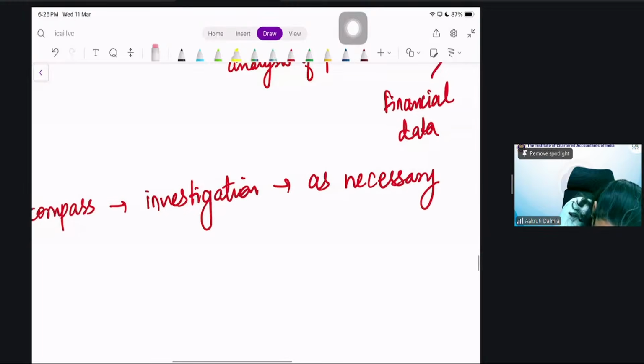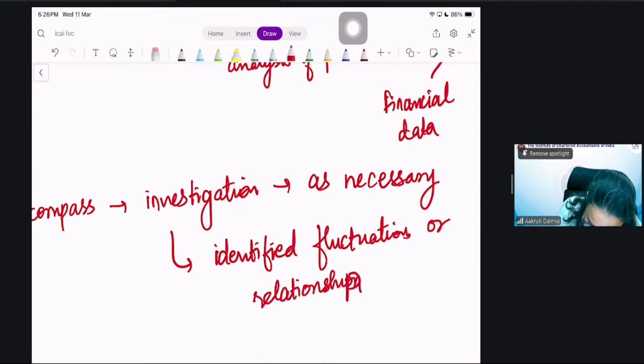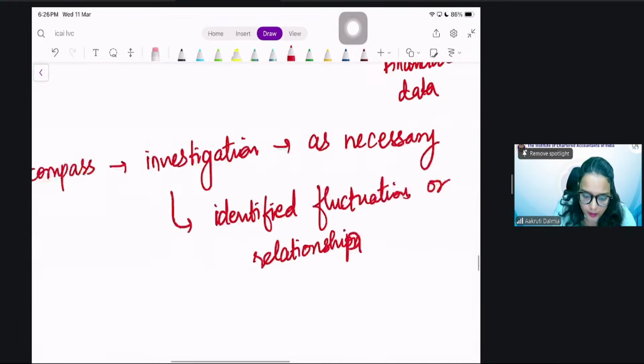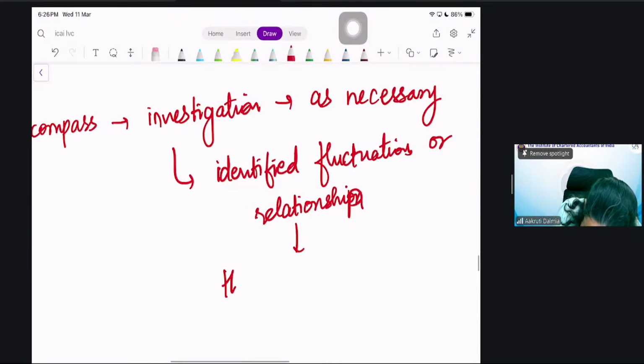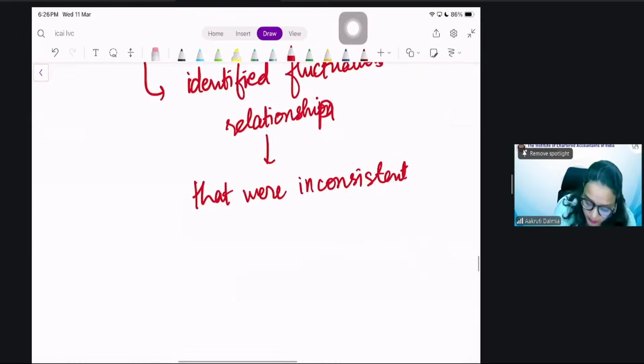So an investigation as necessary of identified fluctuations or relationships that were inconsistent.